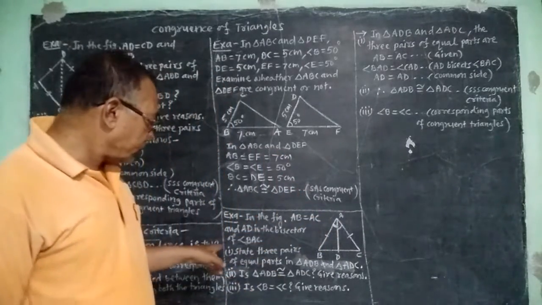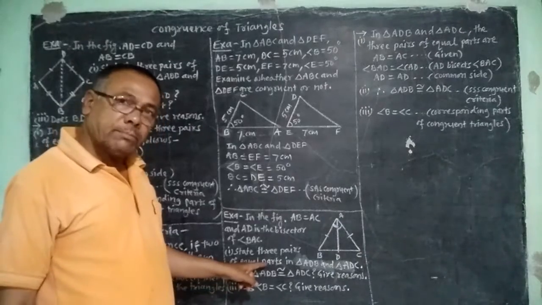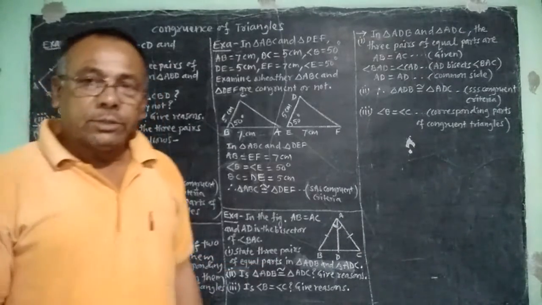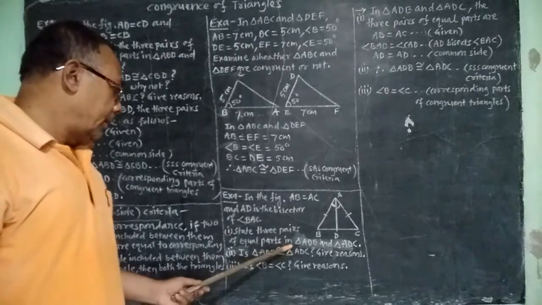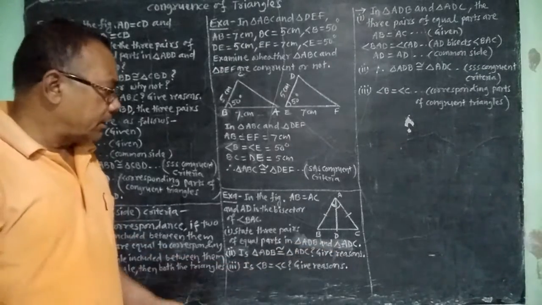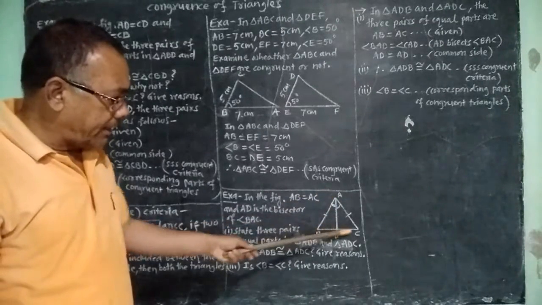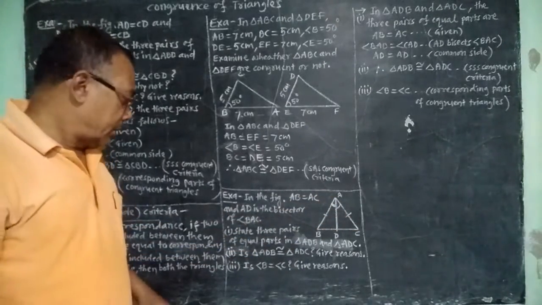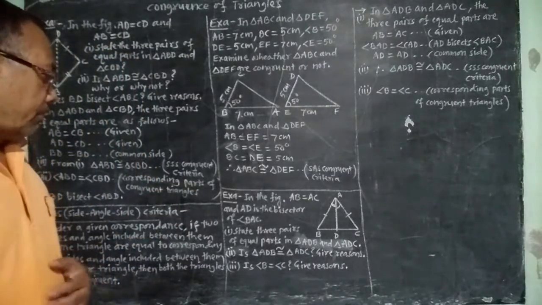Now state three pairs of equal parts in triangle ADB and triangle ADC. Here triangle ADB and triangle ADC, these two triangles are formed due to the bisector.